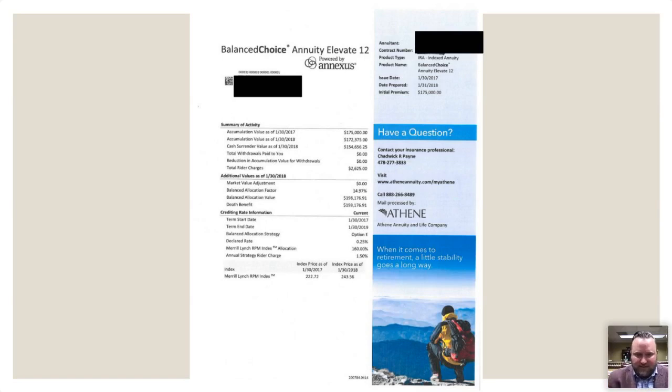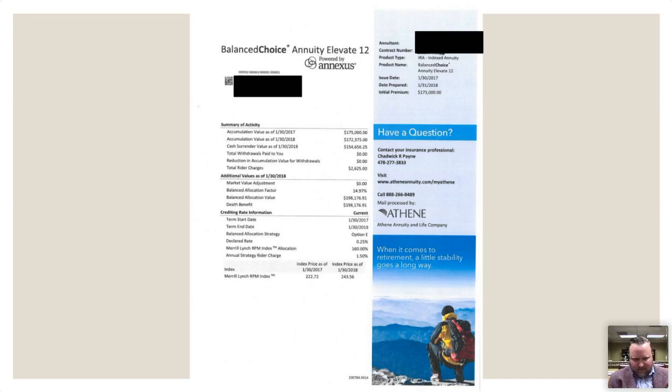So for example, if the balanced allocation value is $220,000 in 2019, that's going to lock in and then become the accumulation value. This only applies if you have longer than a 1-year strategy in your annuity contract. You're going to have something called the balanced allocation value, so you can see what it's worth on that day in between the term.